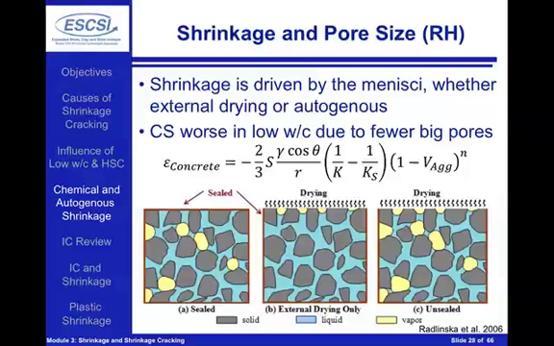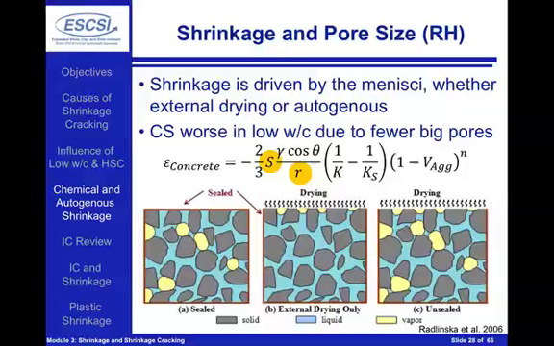The K values talk about essentially the bulk modulus or the stiffness of the solid material and the structure that's forming, and then again the volume fraction of the aggregates or the amount of paste that's inside of the system.